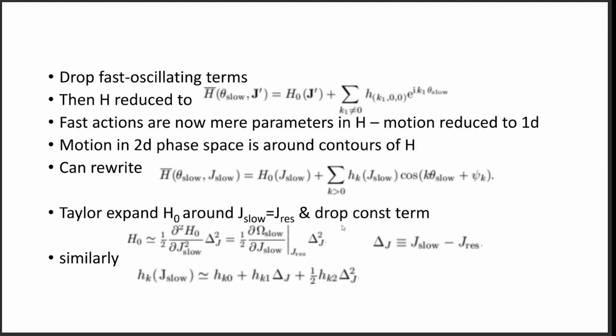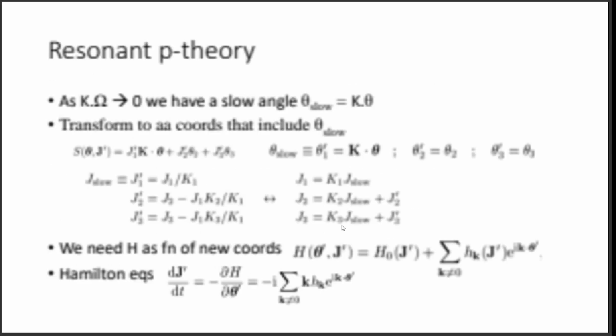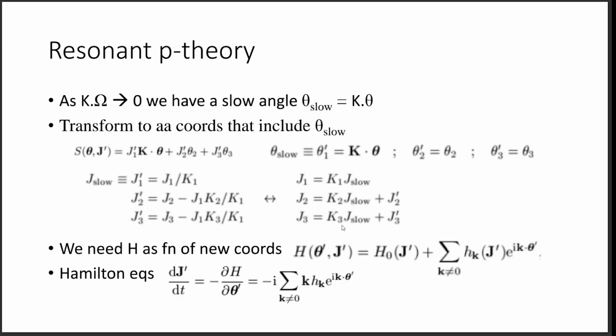If you ask, with this Hamiltonian, what is the equation of motion of J2 primed and J3 primed? Well, the answer is 0, because the Hamiltonian no longer depends on theta 2 primed and theta 3 primed. So I've got two constants of the motion, J2 primed and J3 primed, rescued from the wreck of the old system. And where are J2 primed and J3 primed? J2 primed is this linear combination of the old actions, and J3 primed is this linear combination of the old actions.